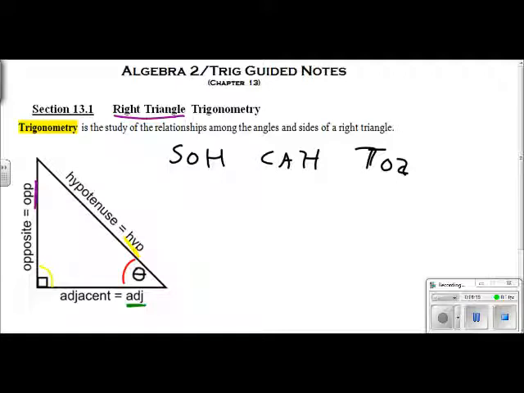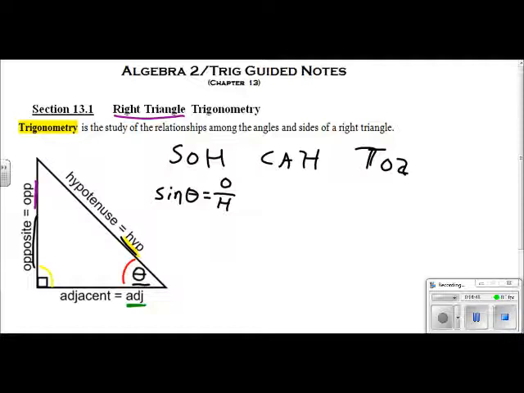So anyway, SOHCAHTOA means that if we are looking at this angle theta and we want to know the sine, which we can abbreviate as sin, the sine of theta is going to be the opposite side over the hypotenuse. So whatever this length here is divided by this, that is your sine.